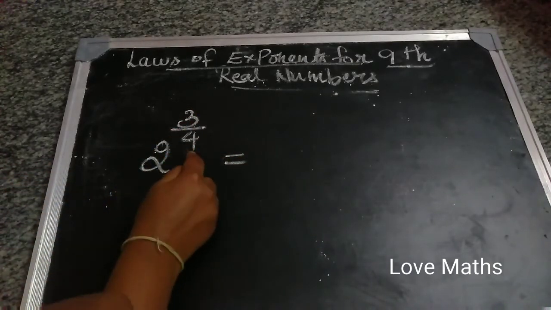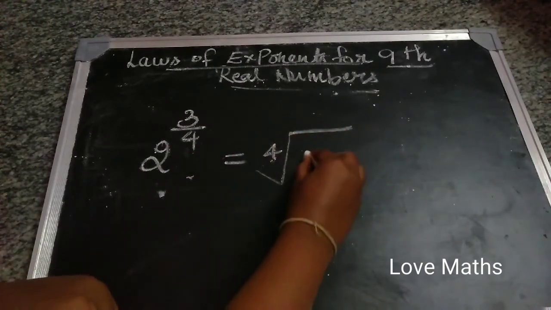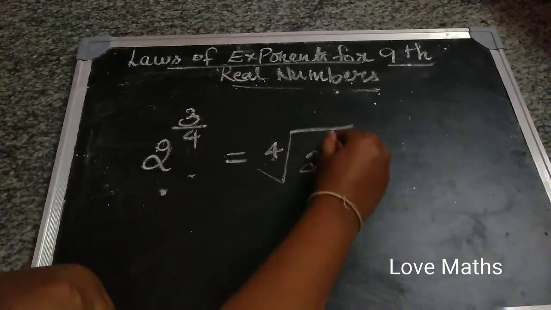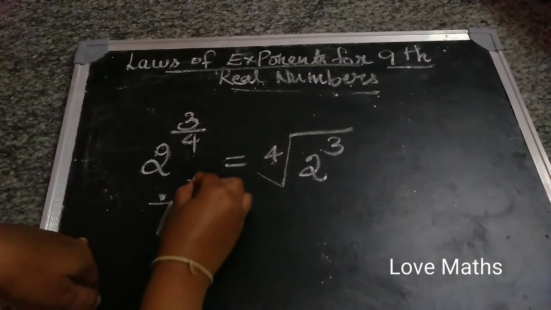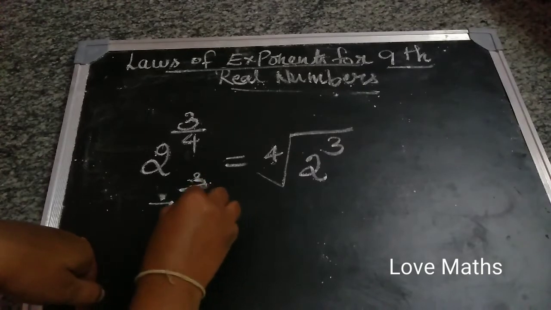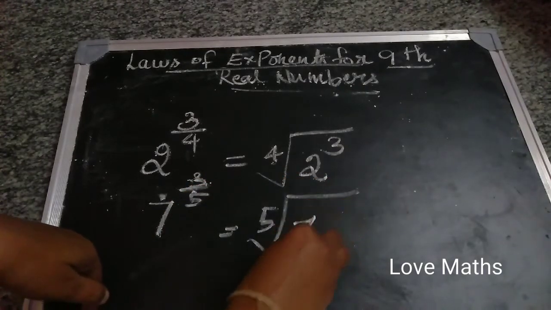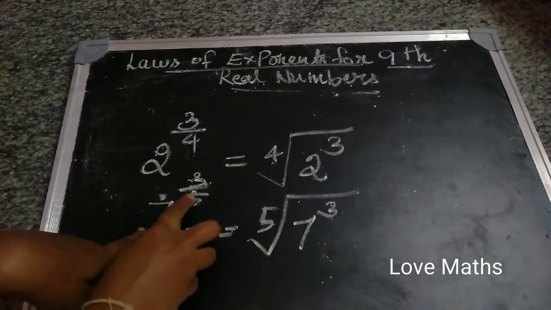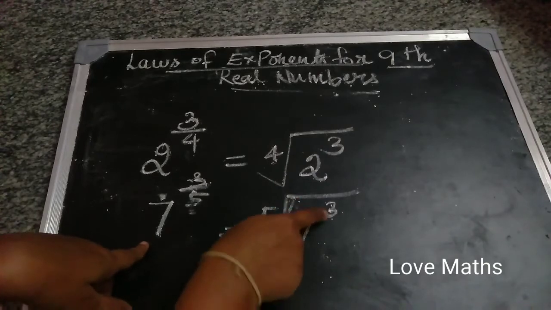The denominator comes like a root. 4th root of 2, and the power as usual, 4th root of 2 cube. This is the meaning. In case 7 power 3 by 5 means 5th root of 7 cube. The denominator 5 comes here as the root. Okay, 5th root of 7 cube.